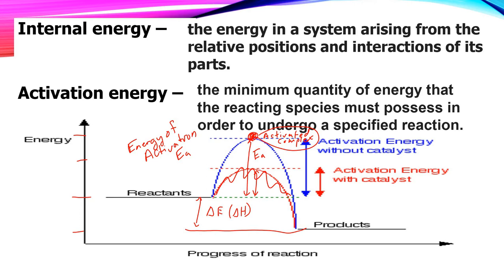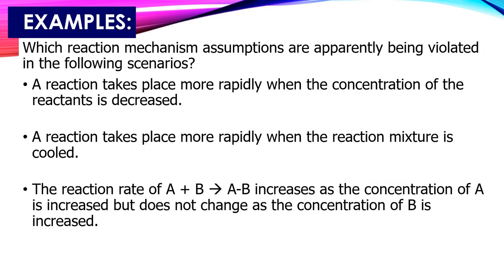Way easy. Okay, so which reaction mechanism assumptions are apparently being violated in the following scenarios? So think of all that you know and listen to this. A reaction takes place more rapidly when the concentration of the reactants is decreased. What you did last time, what does this not make sense with?